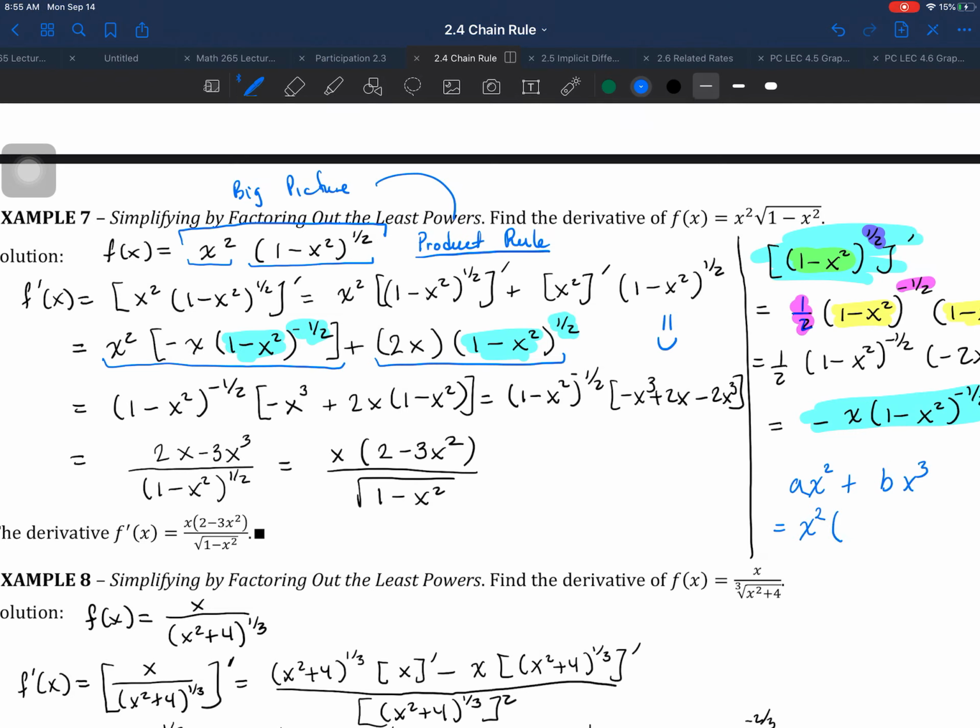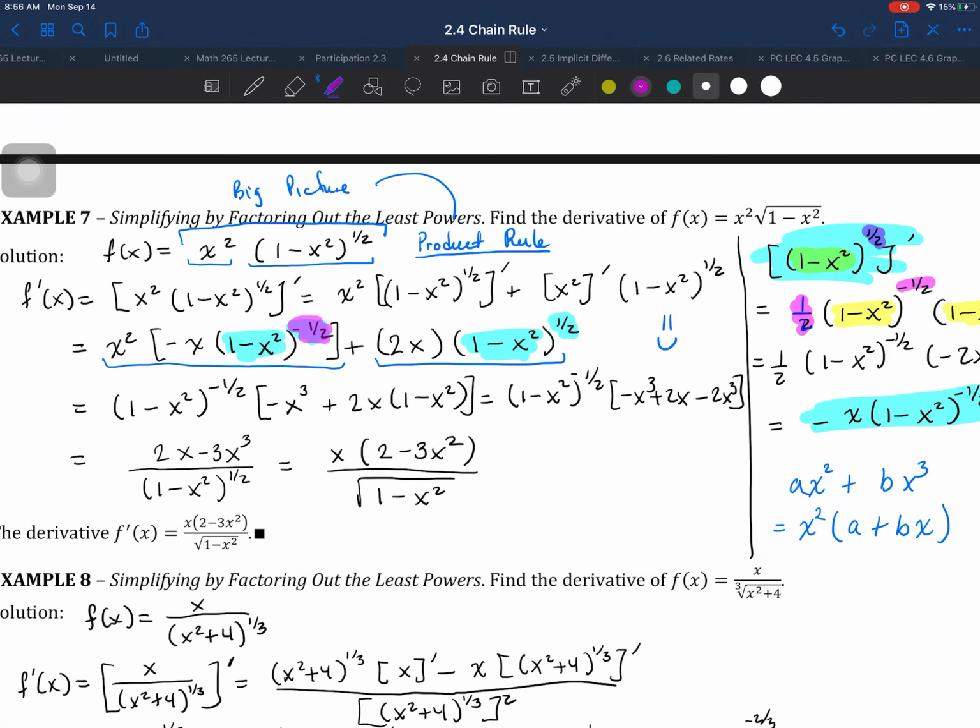So if I factor an x squared, then there's only an a left behind. And if I factor an x squared from here, there's going to be only one x left behind, right? So the idea was that we can always factor common factors by factoring the one with the least power, right?